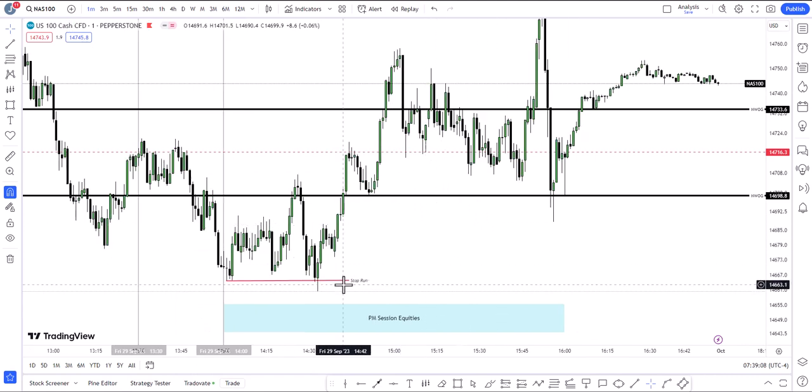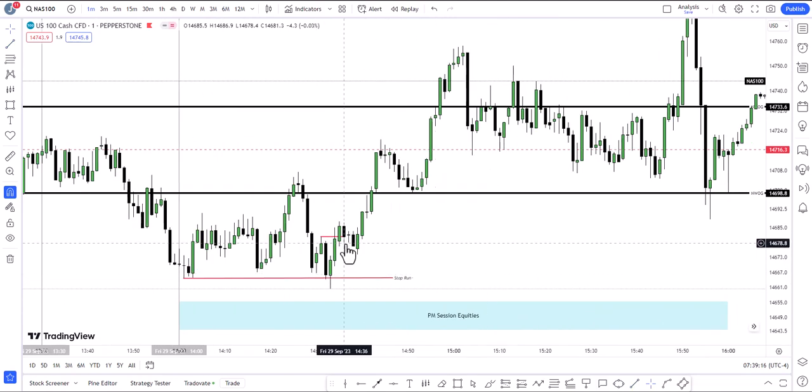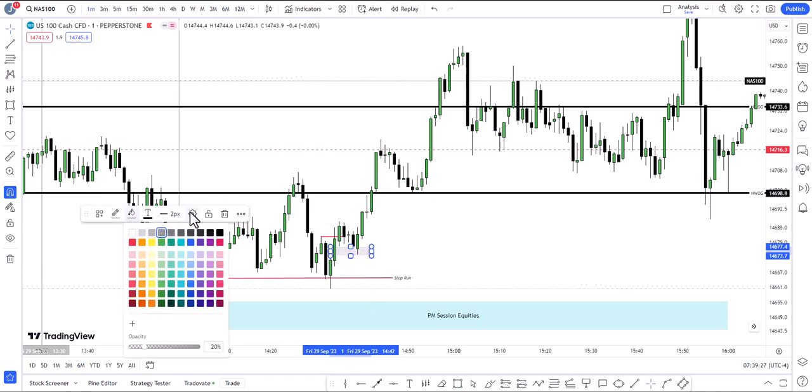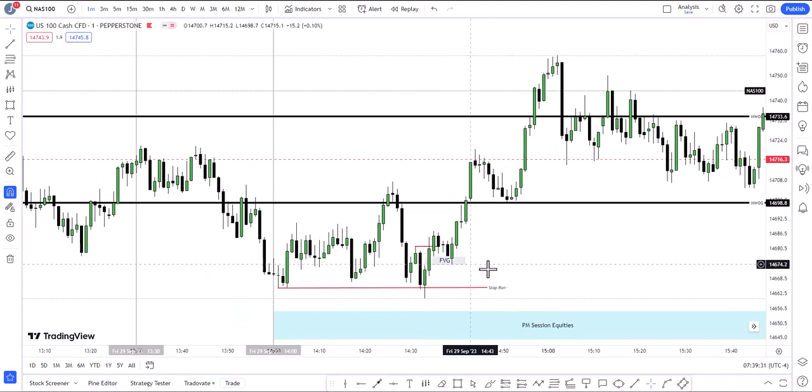Once it broke that little high, if you notice, it returned back into here. Fair value gap right there. As you can see, nice.